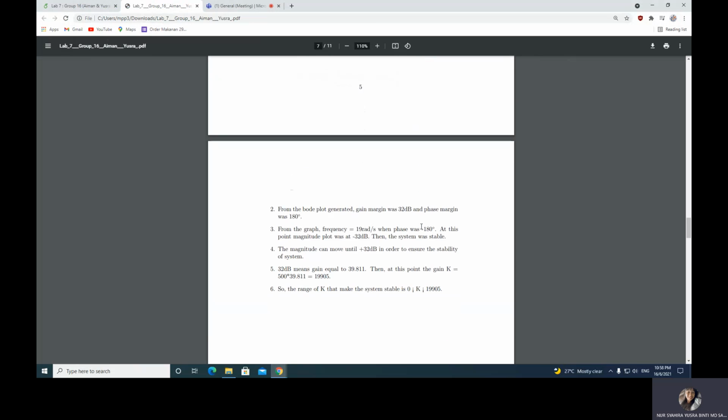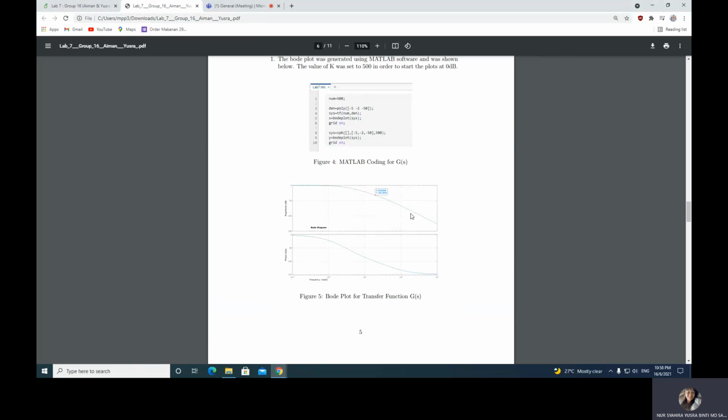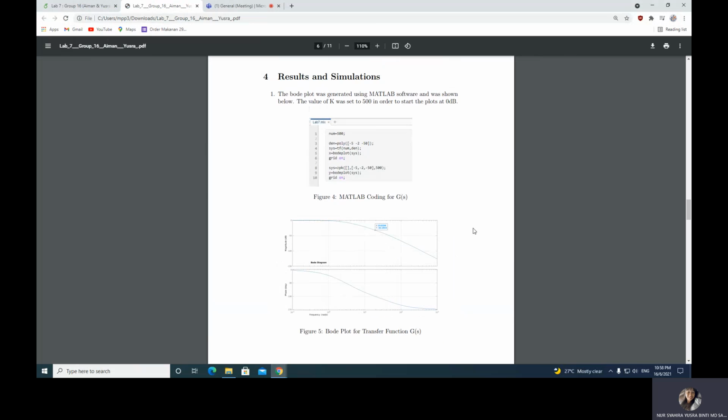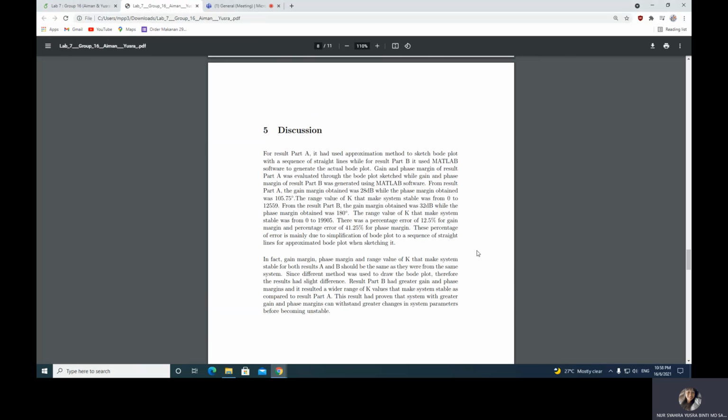It's stated here that the gain margin is 32 dB, and from the graph, the frequency is 19 radians per second, which is here, and that's overall.